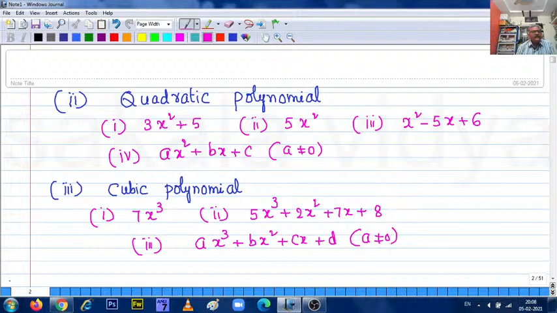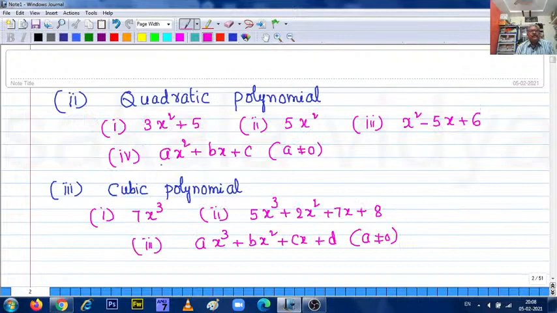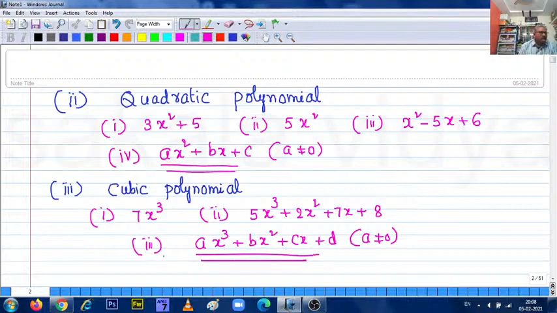So if you are asked to give one example, you give this example, ax plus b, linear polynomial. Next, this is quadratic polynomial. So this is cubic polynomial, or anything also you can give related to that.